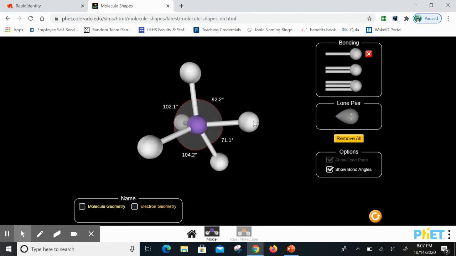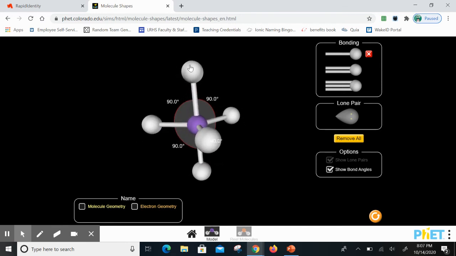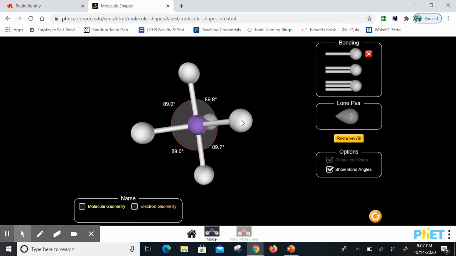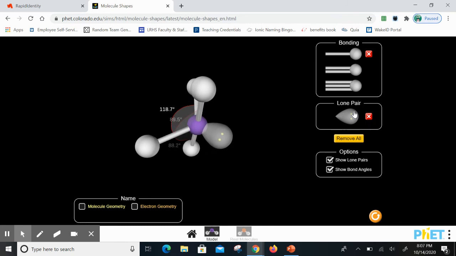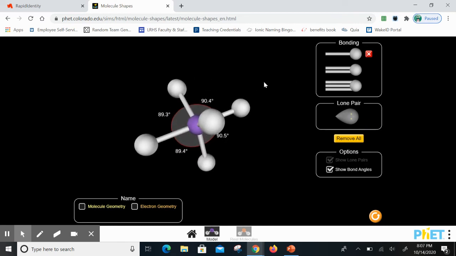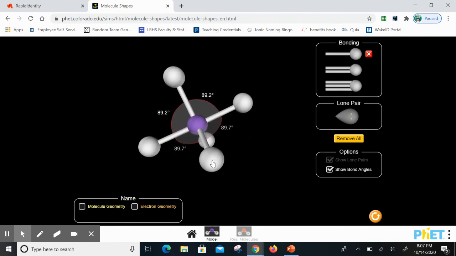And then the other two, so I guess like this one and that one, I don't know why that moved, but these two are doing more of a 90 and a 90, right? So they're all in a straight line, and then you have three here, and that's what would happen. And you can do other stuff with lone pairs, but basically that's the shape of five things connected.